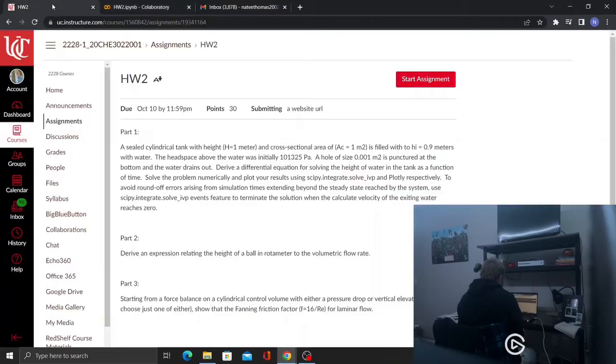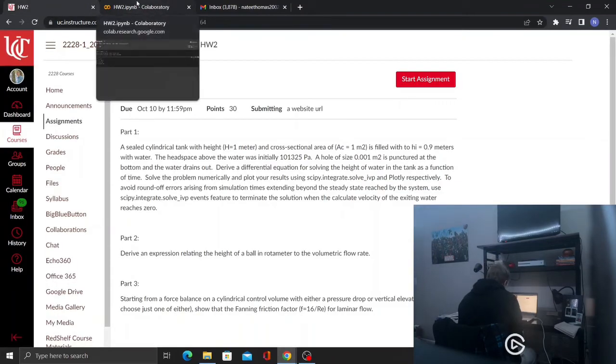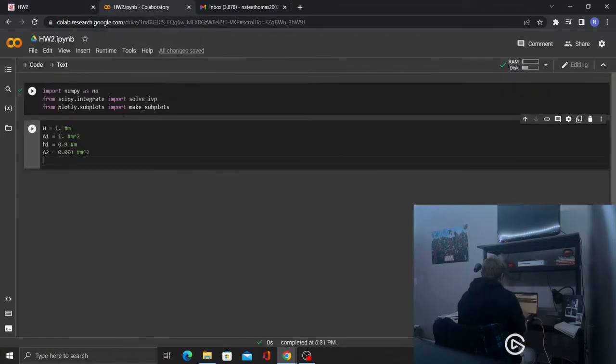And we will also need our gravitational constant, 9.81, and then we will also need rho, our density, which will be 1,000.